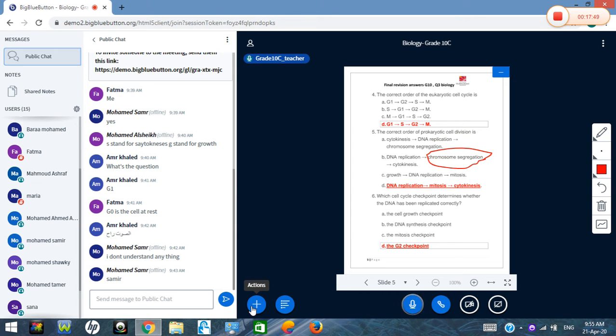Why? To make the new cells have identical chromosomes. So, for example, the two groups of chromatids migrate to the poles of the cell, each pole. The first one migrates to the top of the cell.